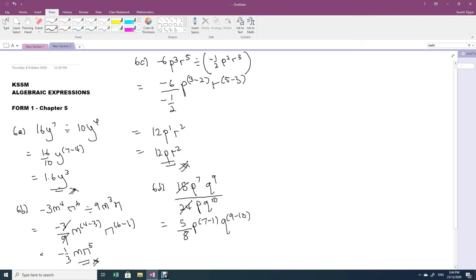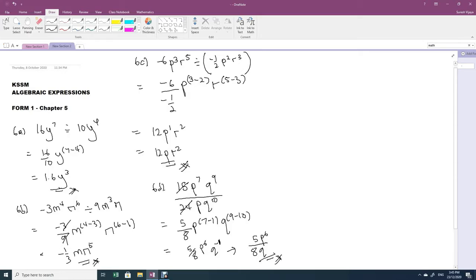So we have 5 over 8 p to the power of 6 and q to the power of negative 1. Normally we don't write q to the power of negative 1. We can write it in a better form: we put q at the bottom side and p remains at the upper side, because q to the power of minus 1 is equal to 1 over q. So that's the answer.